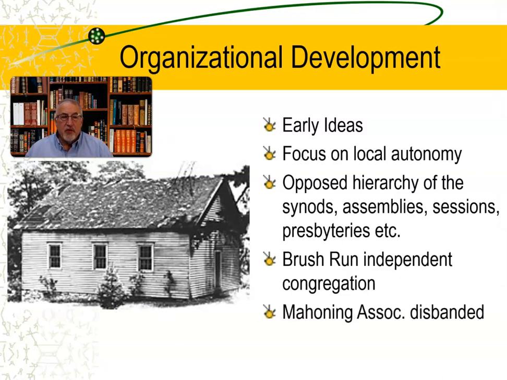And then we'll see, of course, they do merge in the beginning with the Baptist groups, the Redstone Baptist Association, and the Mahoning Baptist Association. Once they were asked to leave the Redstone Baptist Association, and then the Mahoning Baptist Association disbands and those congregations come in, they're starting to add more and more congregations.